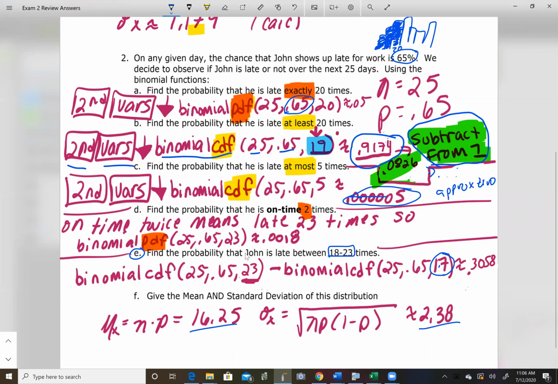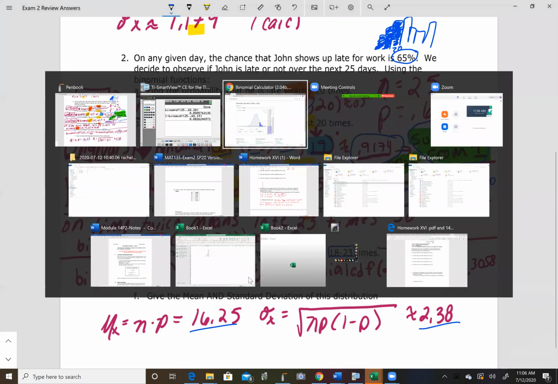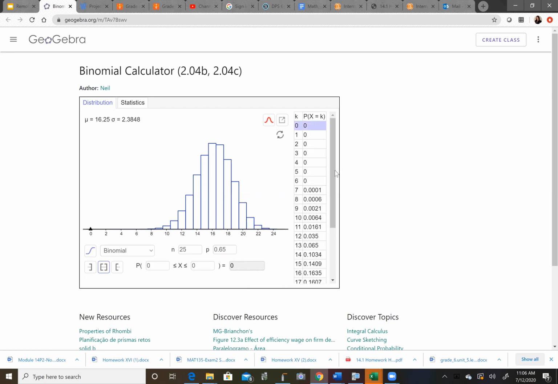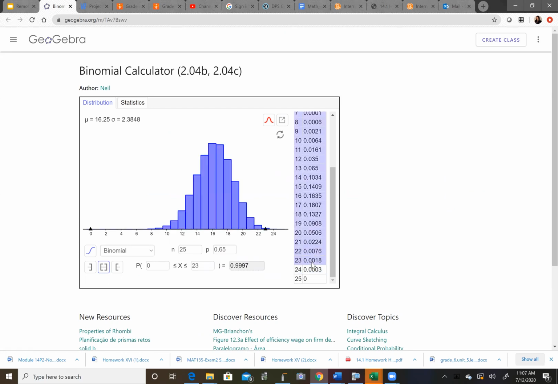So we're going to have to type it in like the binomial CDF all the way up to 23, right? If we're looking at the online GeoGebra, we want to add up all the way to 23. So this is the first thing we're going to find on the calculator: everything up to 23.